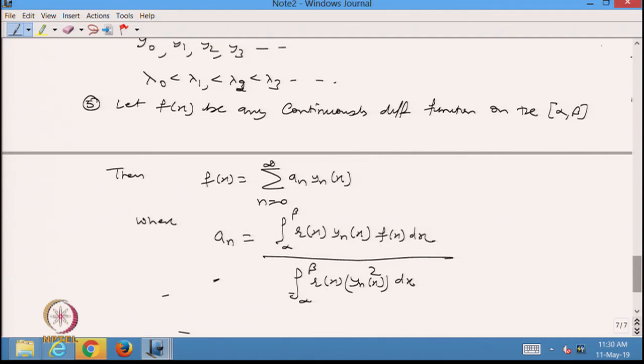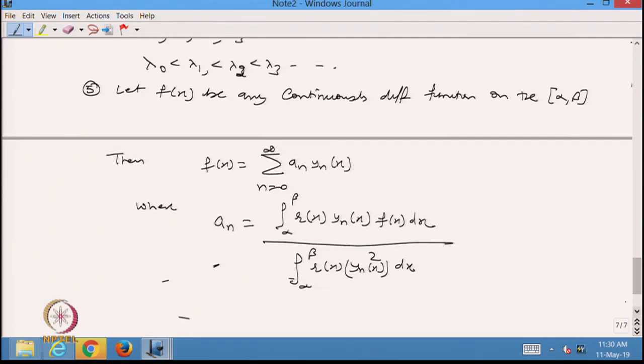So, the coefficient I can find like this, and its value will be a_n.